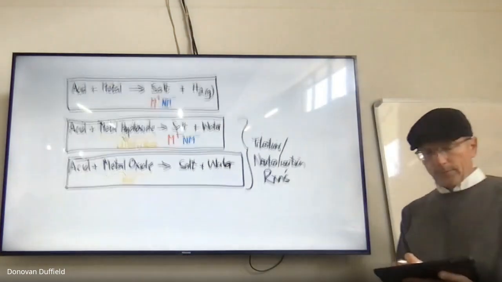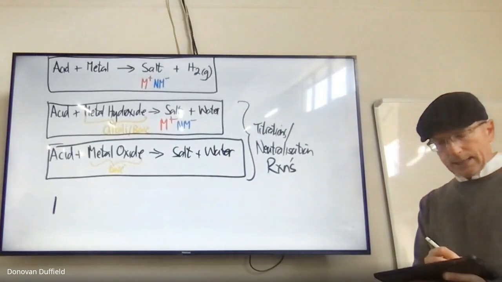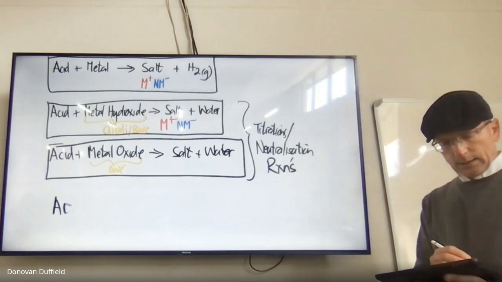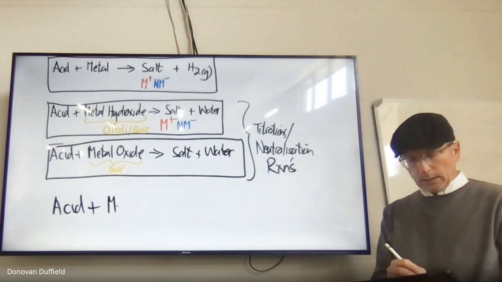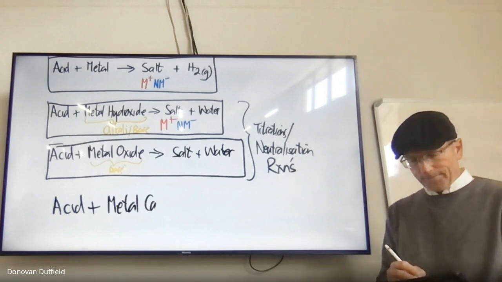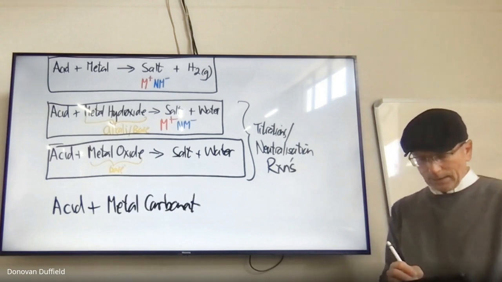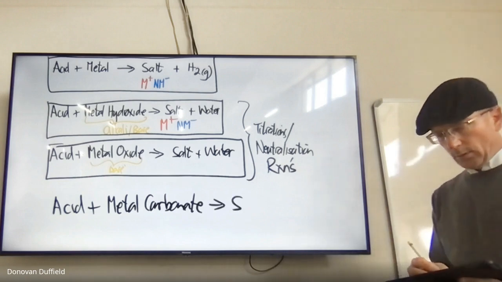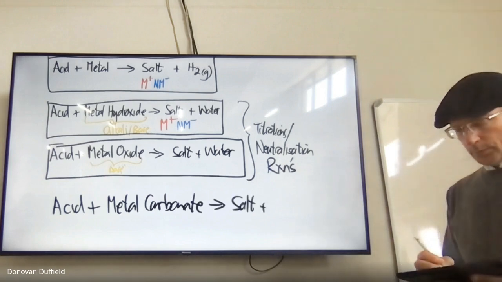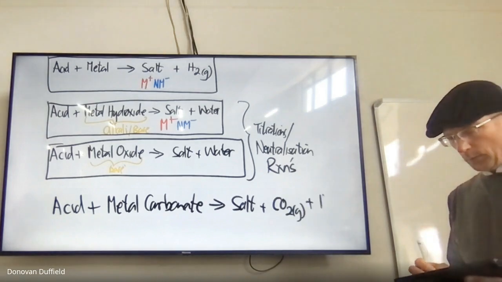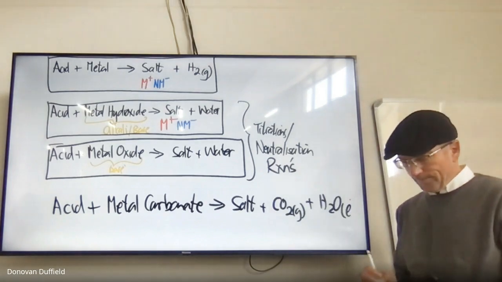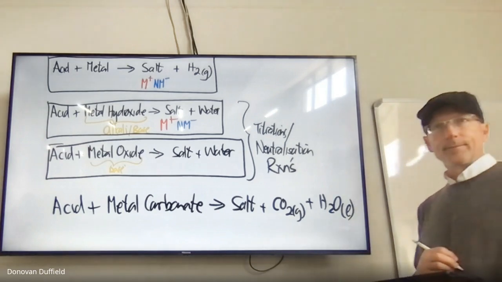Okay, then we looked at an acid plus a metal carbonate. That produces a salt. It produces carbon dioxide gas and produces water as a liquid. Right?